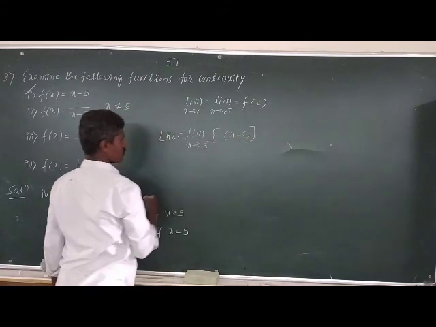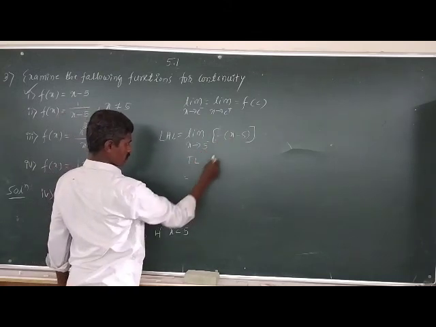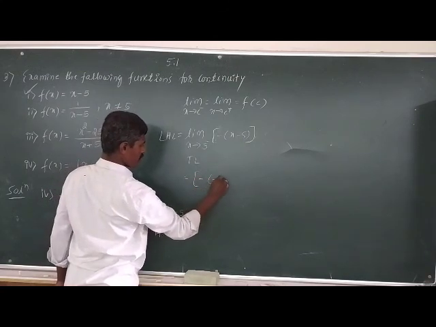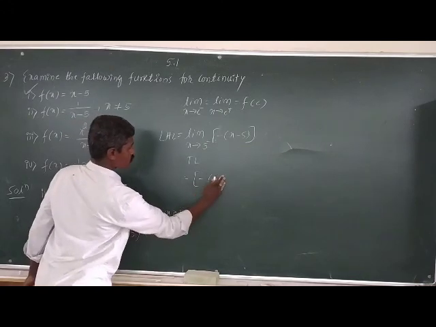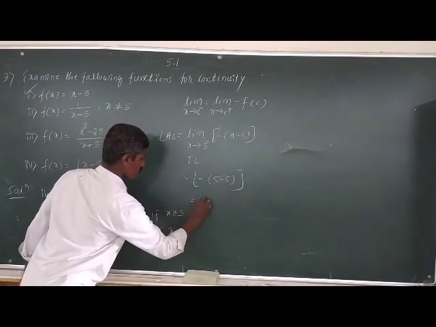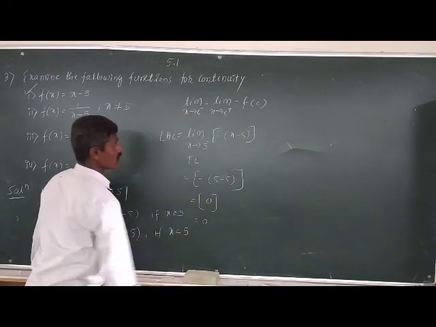Taking the limit, put x equals 5. 5 minus 5, this is 0. This is equal to 0.